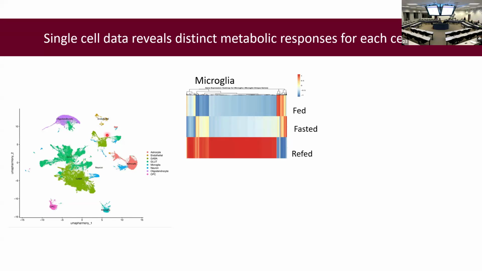The stages that I'm comparing right now are metabolic stages of fed, fasted, and refed. And we can see the proteins expressed differently. Blue is they do not express, and red is really heavily active expressing. In this case, different proteins and different cell types behave differently depending on the state that they are in.